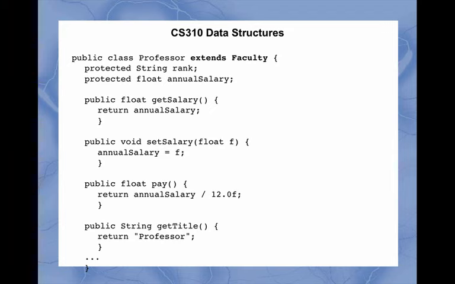So we have a number of properties and methods here that are different from class Person. For instance, we wouldn't want to put setSalary or getSalary inside class Person. We don't pay everyone. For instance, we don't pay students. So having a pay method there doesn't really make any sense.